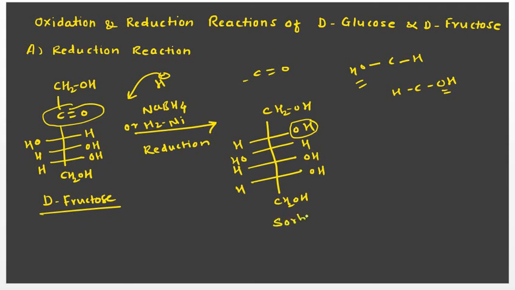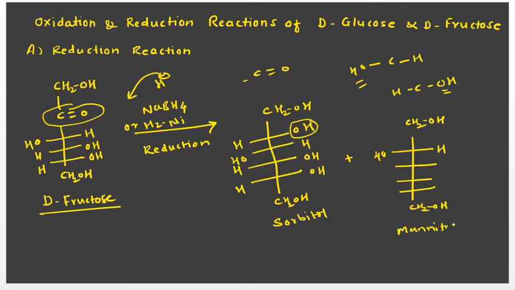You know the name of this is sorbitol. But if the hydroxy group is on the left hand side in this way, then it is known as mannitol. Remember, all other groups are the same.